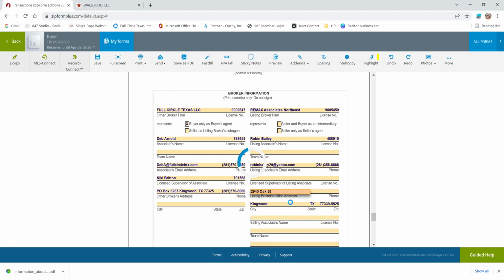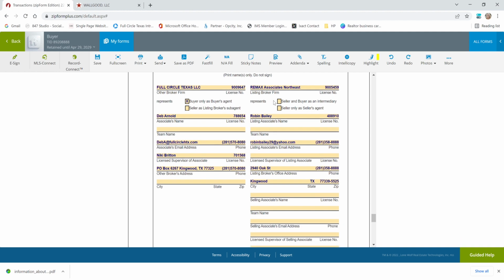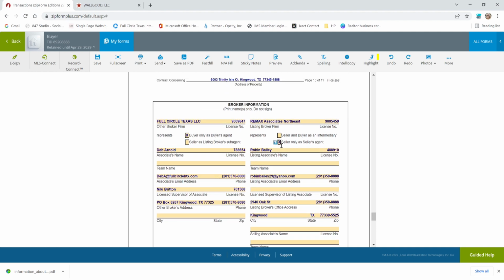Oak Street, Kingwood. And we know his phone number. If you don't know it, you can always put her number again. So you basically got all the information that you needed on the other side, and you've also clicked that the sellers are only the seller's agent, and you put all the information there.